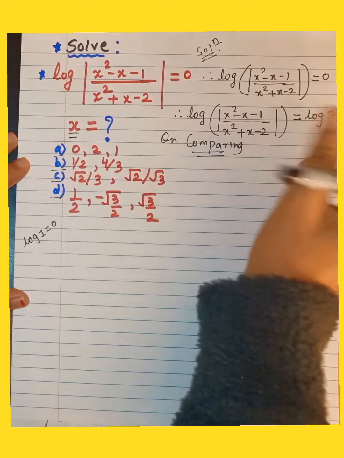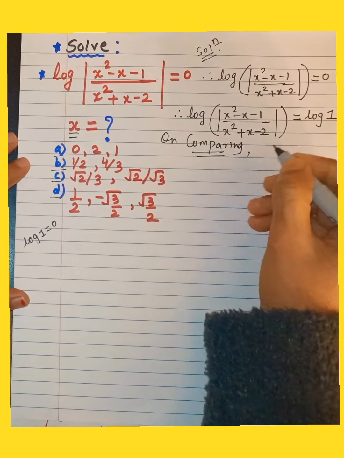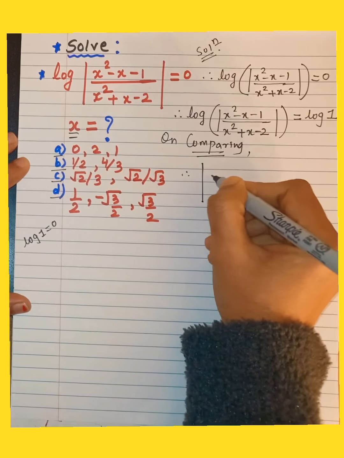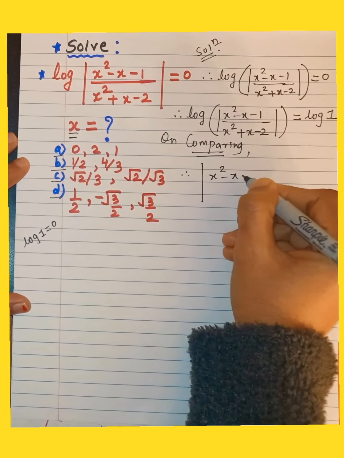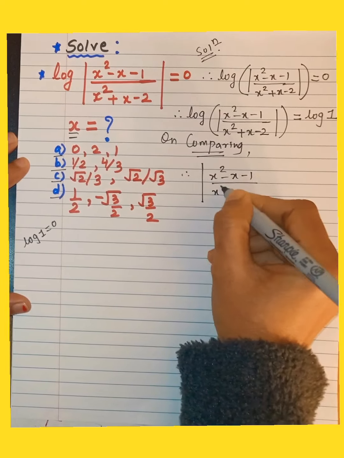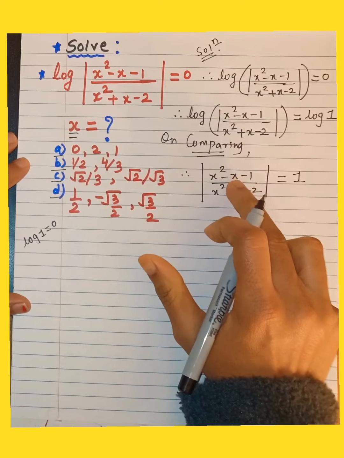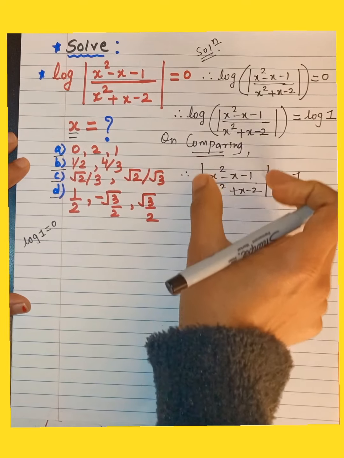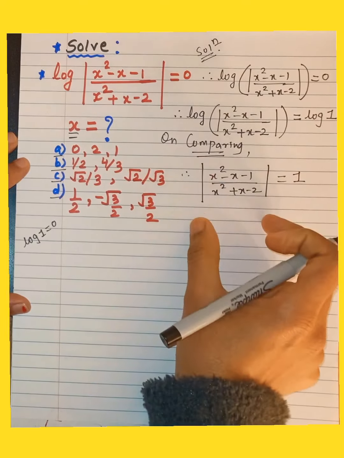So on comparing, we get the equation mod of (x^2 - x - 1)/(x^2 + x - 2) equals 1. This is mod, or you can also call it absolute value.